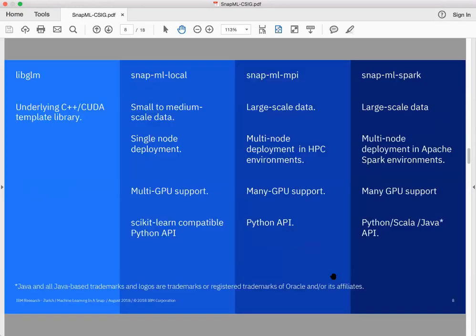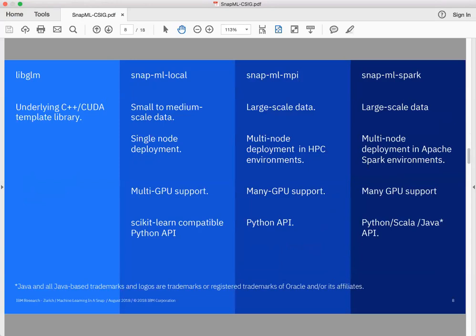So in terms of the software and how Snap Machine Learning is packaged, it looks something like this. We have an underlying C++ CUDA library. This is where the algorithms themselves are implemented. But this is something which is never exposed to the end user.